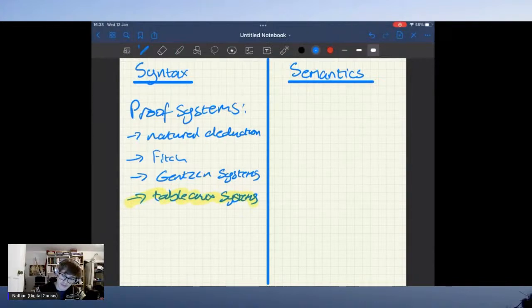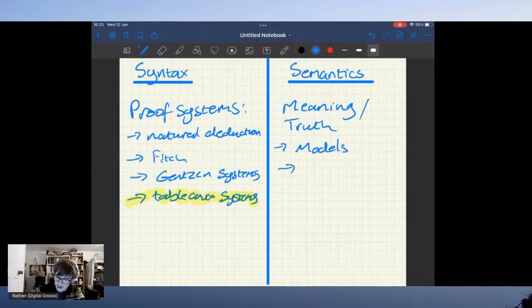Then, when it comes to semantics, we're talking about meaning or truth, particularly when it comes to logic, because our concern is truth aptness, right? So when it comes to semantics, we're going to talk about models and structures.